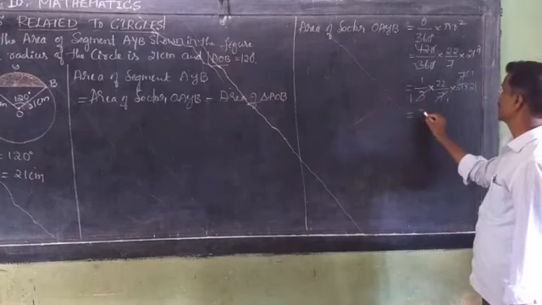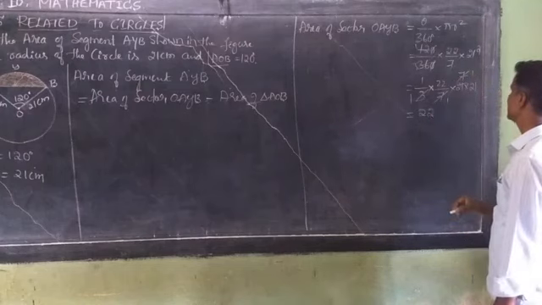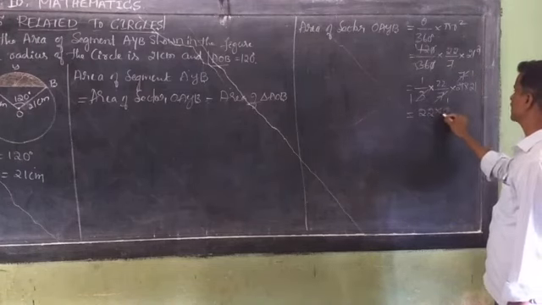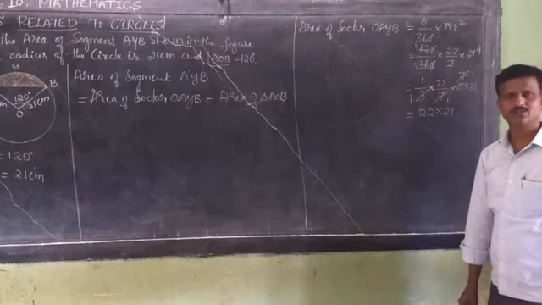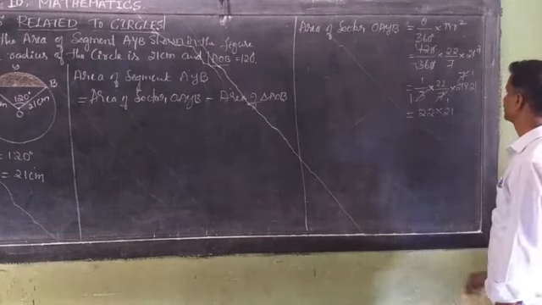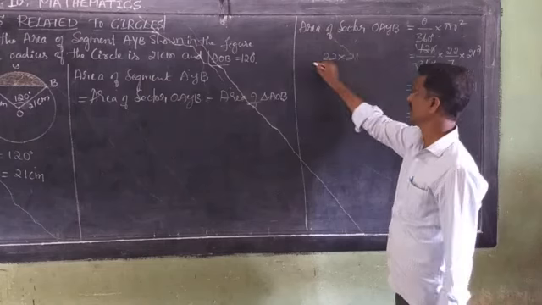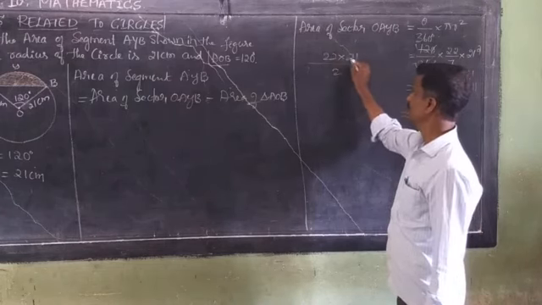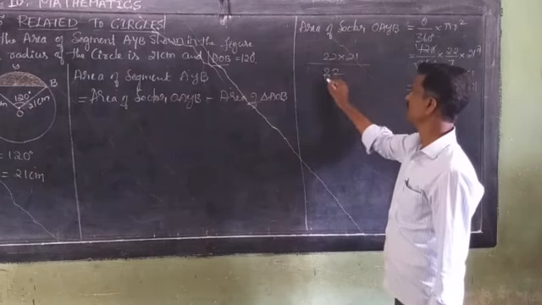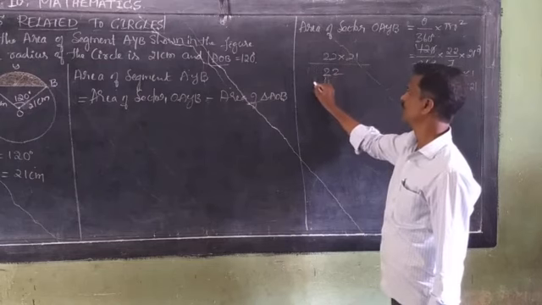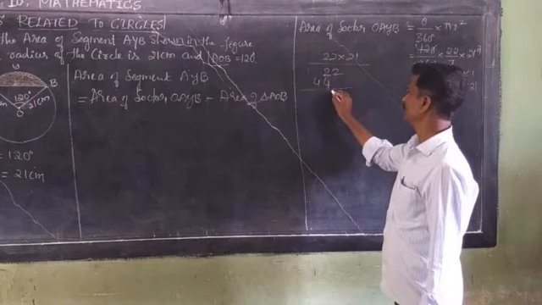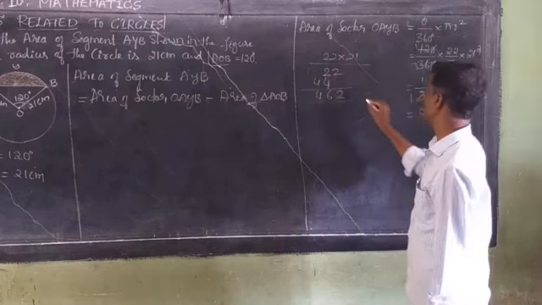Now here we have area of sector is 22 into 21. What is 22 into 21? 1 2s are 2, 2 2s are 4, 2, 6, 4, 462.